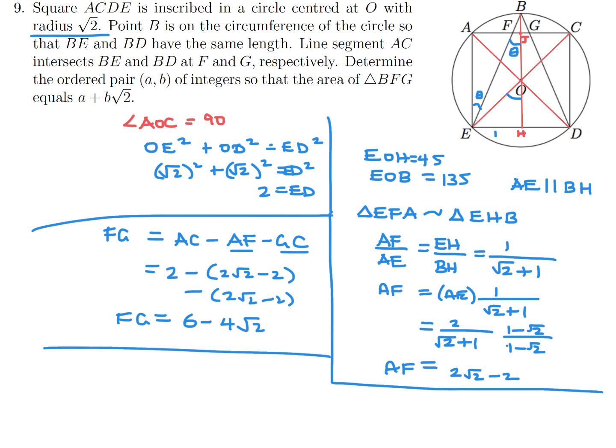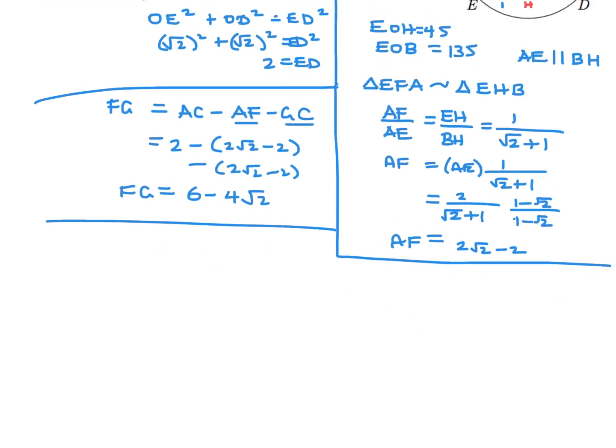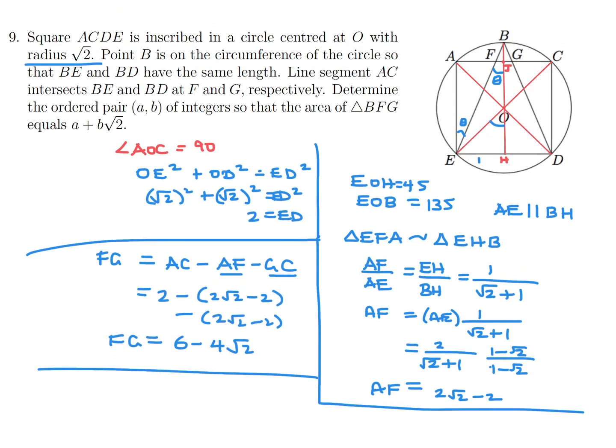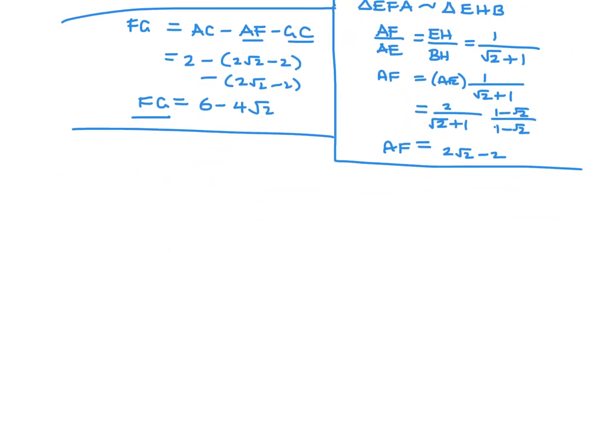Next we're going to have to figure out BJ, that tiny little height. Because if we want the area of BFG, that small triangle, we're going to need the height and the base. We've got the base, FG, but we need the height, BJ. To get the height, let me think about this.